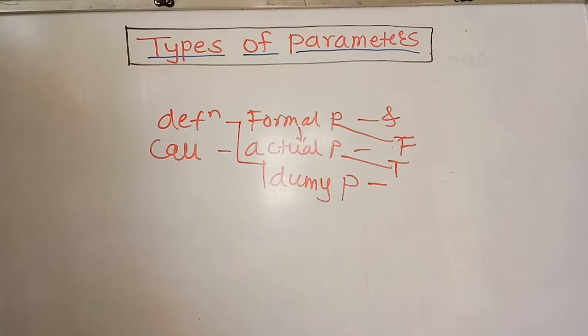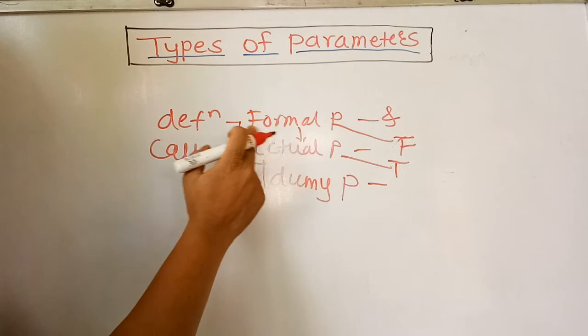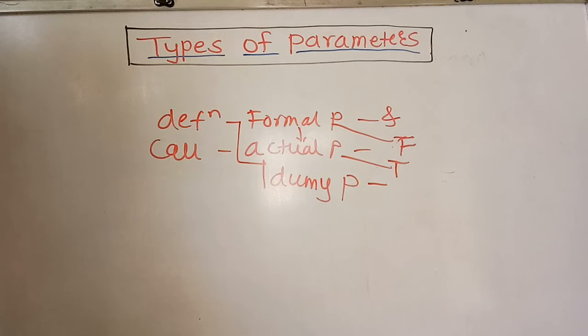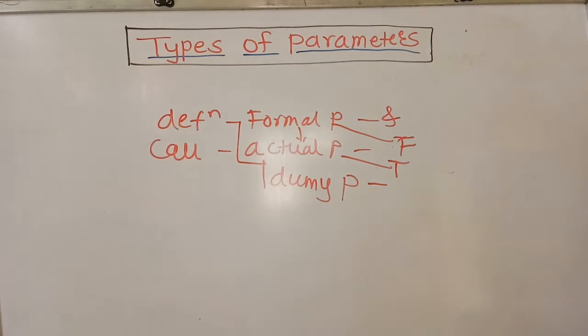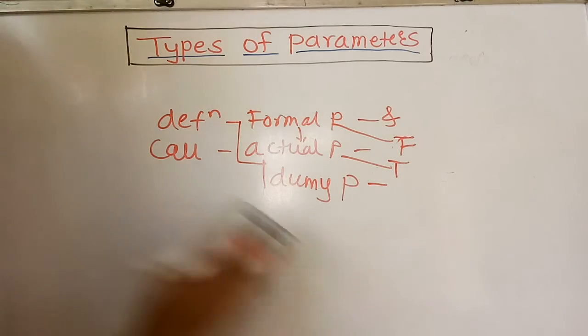The formal parameters means the first type, that is the definition having the formal parameters, and these formal parameters are having three types, that is the positional parameters, keyword parameters, and label parameters.